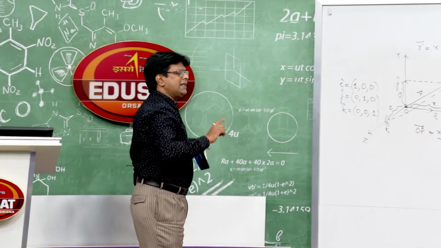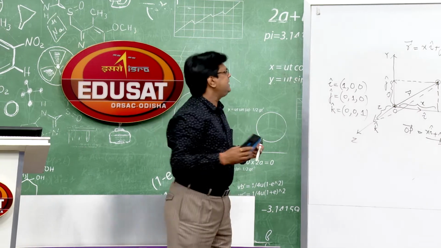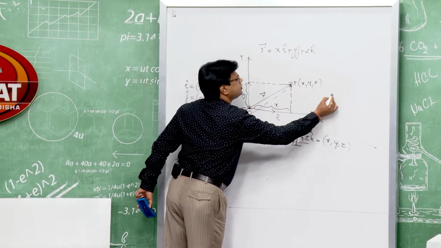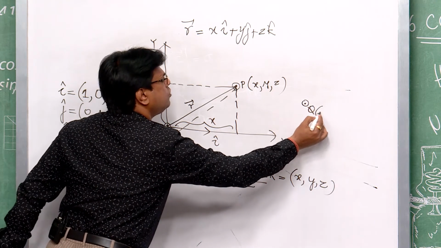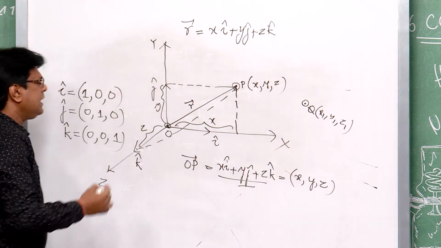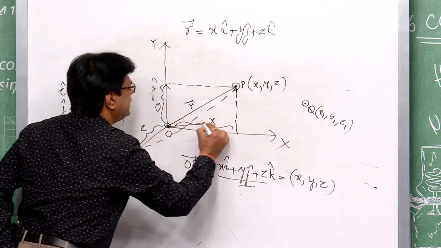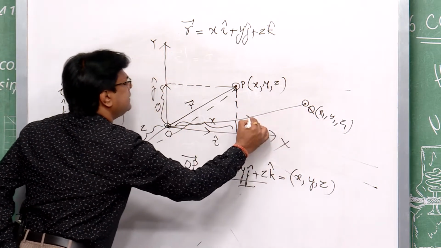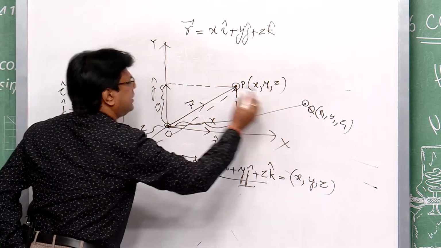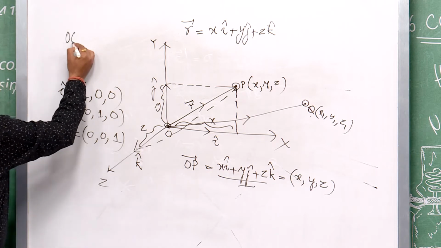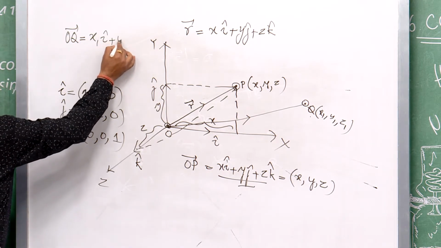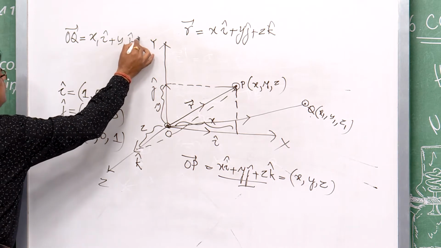Then come to a line segment or any vector. Suppose another point is this, suppose this is Q having coordinates x1, y1, z1. Now, we draw a line from this to this. OQ vector is x1 i cap plus y1 j cap plus z1 k cap.